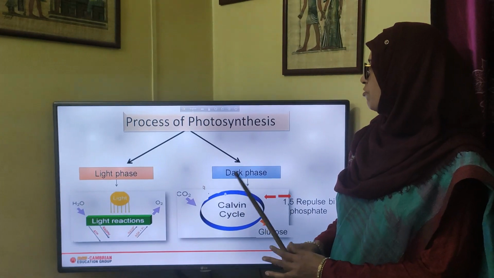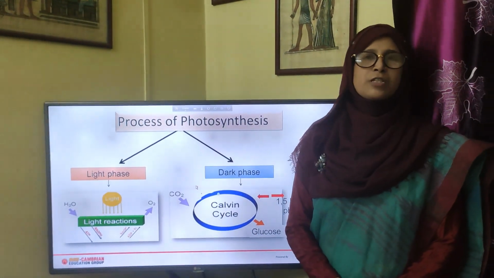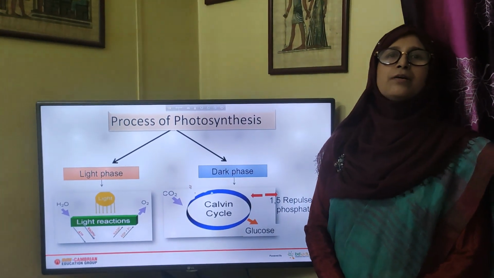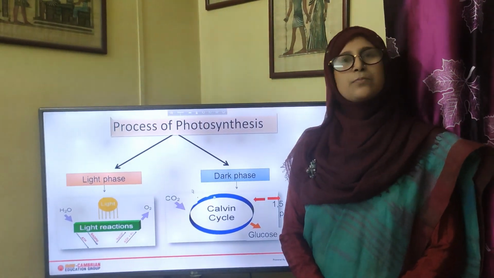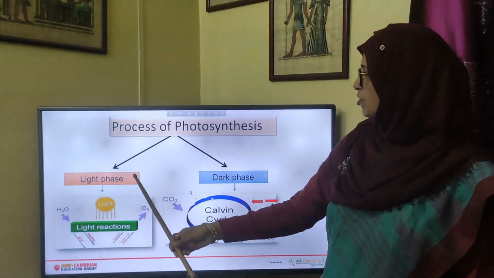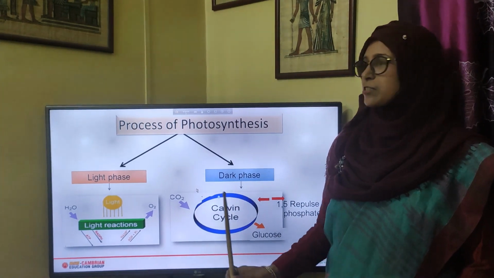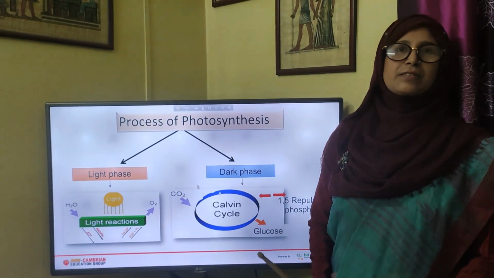Now the process of photosynthesis. Photosynthesis is a long and complex process. In 1905, the British physiologist Blackman first discovered this process, and according to him, this process is divided into two: light phase and dark phase, or light dependent phase and dark dependent phase.